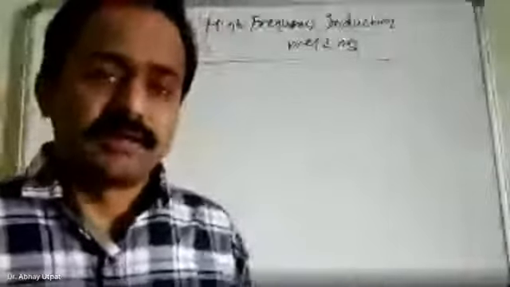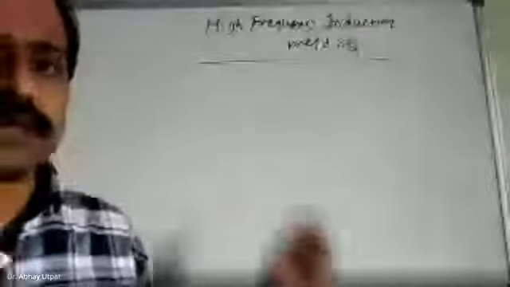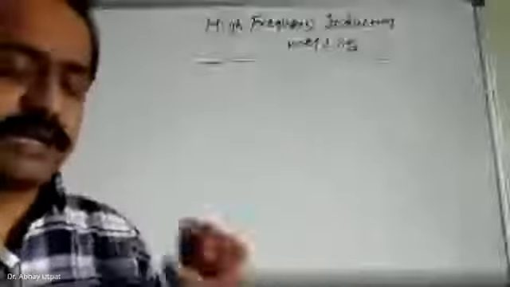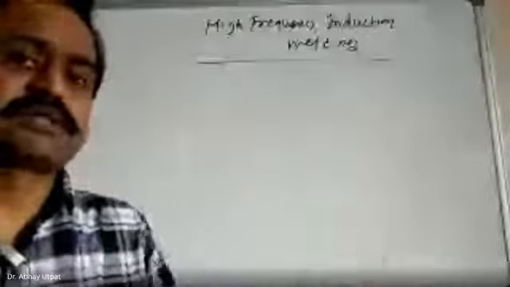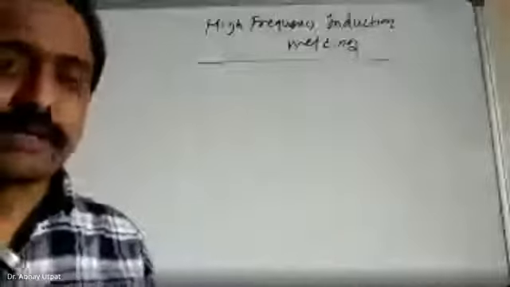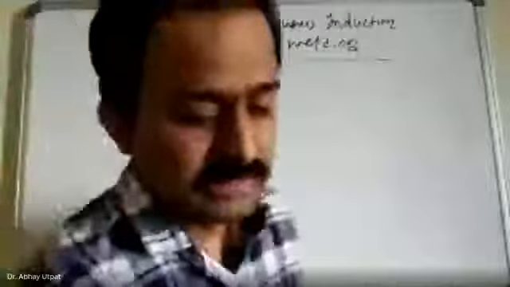Here, what is the principle in high frequency induction welding? In this case, whatever secondary current is generated in the metallic part, that metallic part is in contact with the mating surface of the plastic. So this is one plastic surface, this is another plastic surface, and the metallic part is in between.